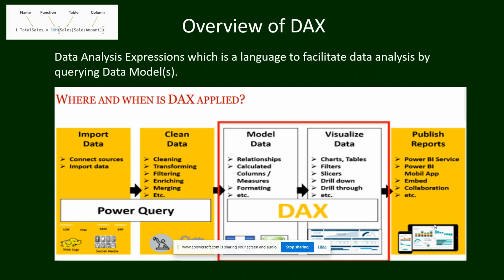The intersection between rows and columns points to a measure, and that measure will have a numeric value. Likewise, DAX is a formula where you can provide your table name, column name, and the aggregate. That's it.